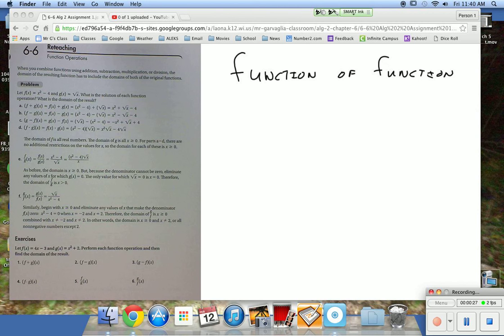You know of a function like f of x equals x squared. That's a function of x, right? We can have another one that says g of x is equal to x plus 1, whatever we want.